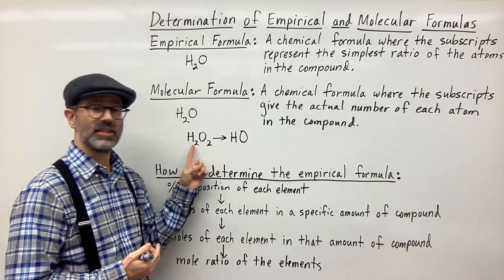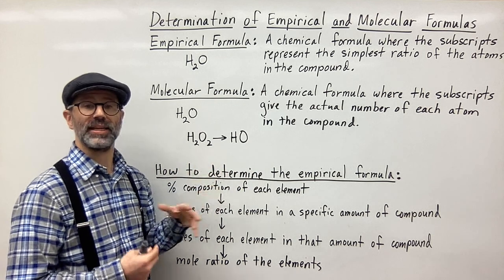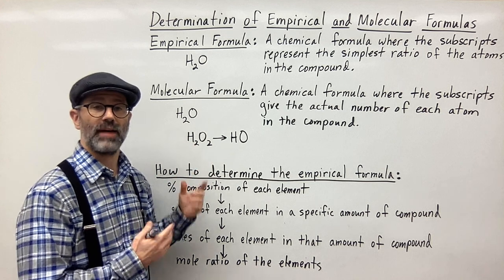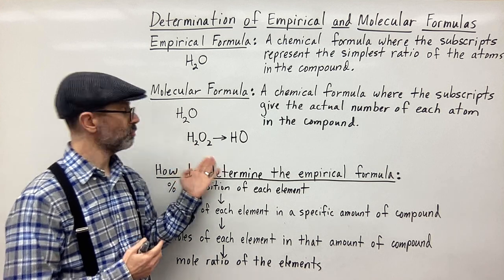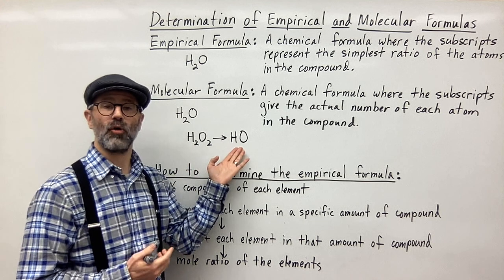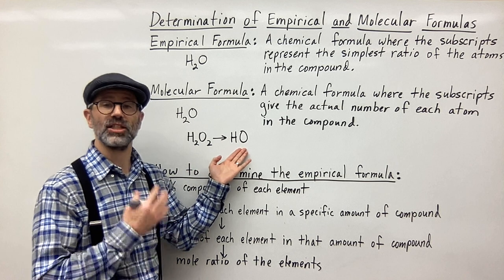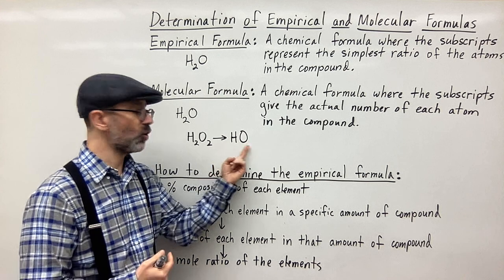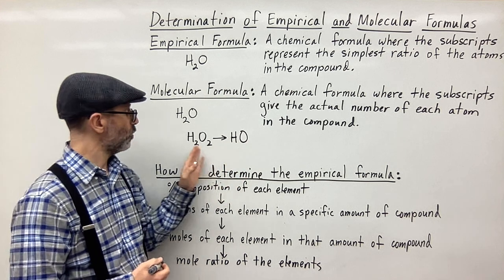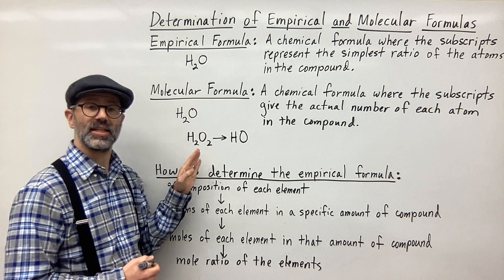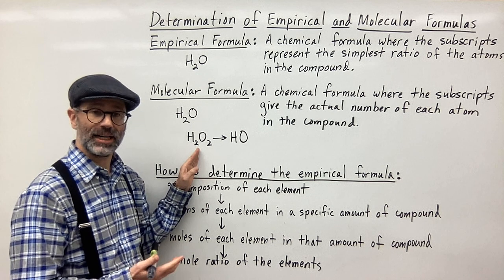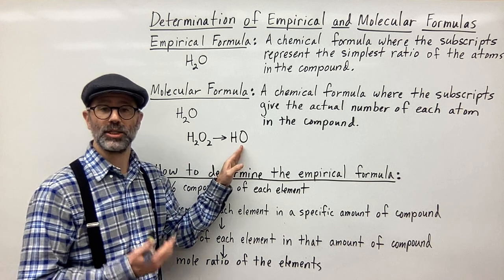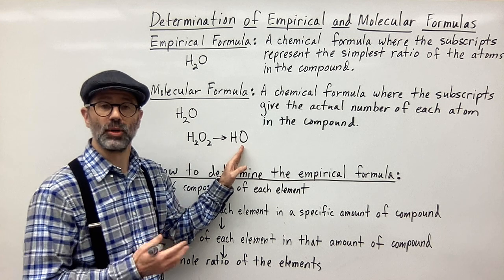So this is the molecular formula with the subscripts representing the actual number of atoms in the molecule, whereas this is the empirical formula, and this is only representing the smallest whole number ratio of the atoms in the formula. So 1-to-1 is the smallest ratio. This is the molecular formula with the actual number of atoms in the molecule. This is the empirical formula for hydrogen peroxide that gives the lowest whole number ratio.